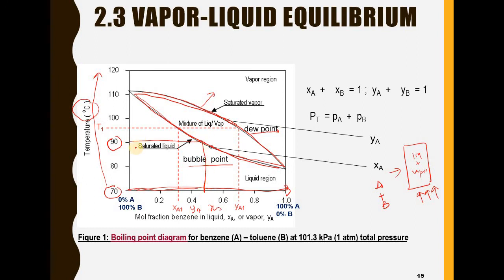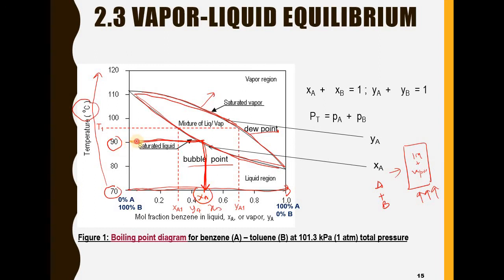When we put a line here, this is where you can find the XA. When the line hits the saturated liquid curve and you go down, you get the XA value, which means the mole fraction of A in liquid.